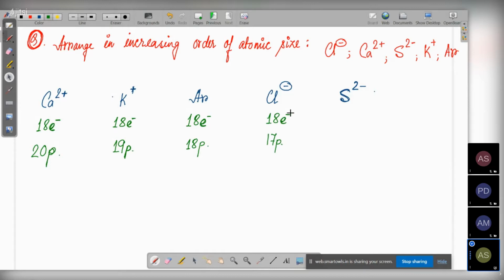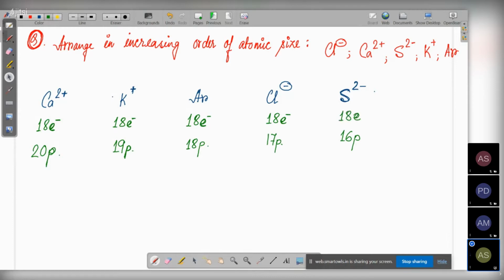How many electrons does neutral sulfur have? It has 16 electrons, so 16 protons. But sulfur has excess electrons, that is why S2 minus, 2 excess electrons. So that's it, 18 electrons.